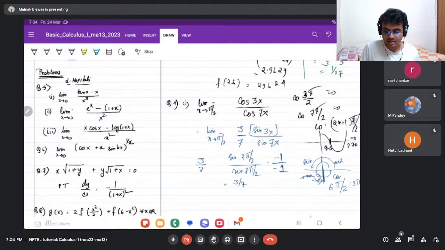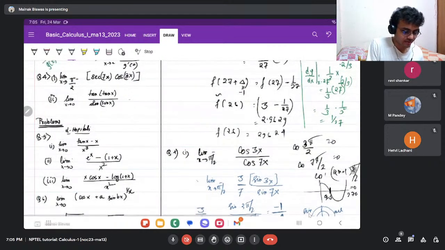Do not make any mistake, right? 7 pi by 2 is 2 pi, 3 pi, 3 pi plus pi by 2. Agreed? So 3 pi is aligned with 180 degrees and plus pi by 2 is 270 degrees, right?